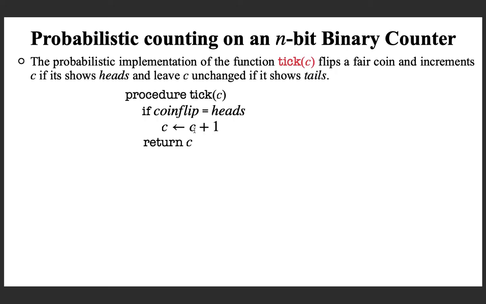You can easily see that if you call tick C say 4 times, what is the probability of incrementing every time? It is 1 by 2 to the power 4, because 1/2 is the probability of an increment. So the probability of 4 increments is 1 by 2 to the power 4, and the probability of n increments is 1 by 2 to the power n.